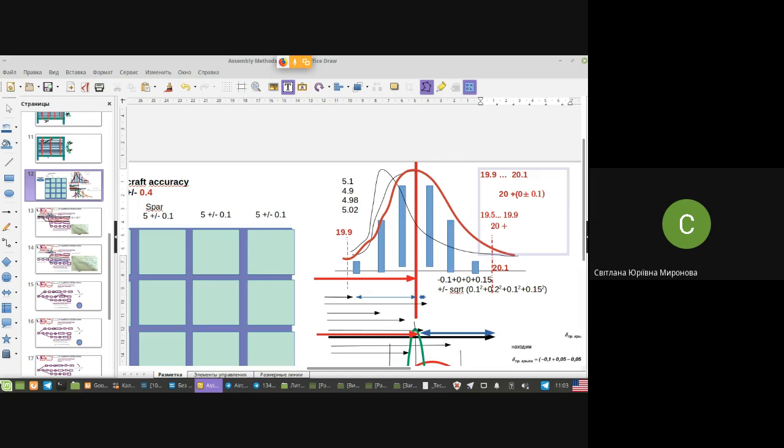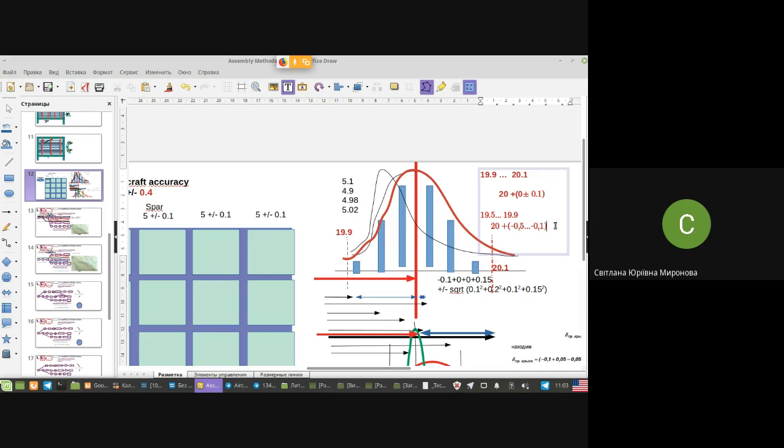Minus 0.5, and minus 0.1. Yes, exactly. May we write it like this?